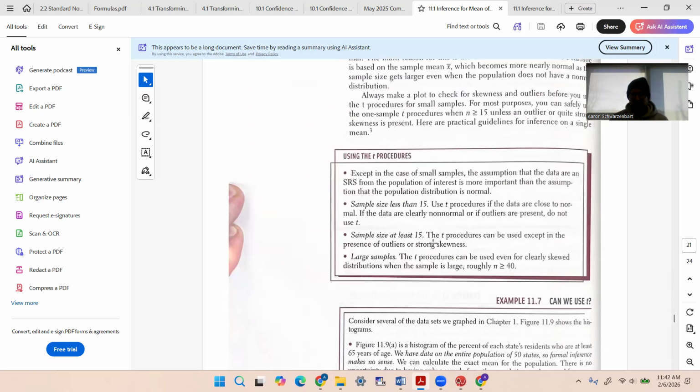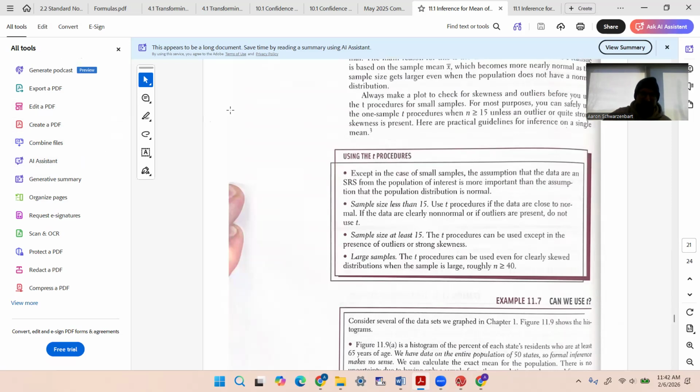If it's really bad, you can't use it, but if it's only sort of bad, they're fine. Over 40? Go ahead and use it even if it's the worst distribution in the world, because the means will still normalize pretty well by the central limit theorem.